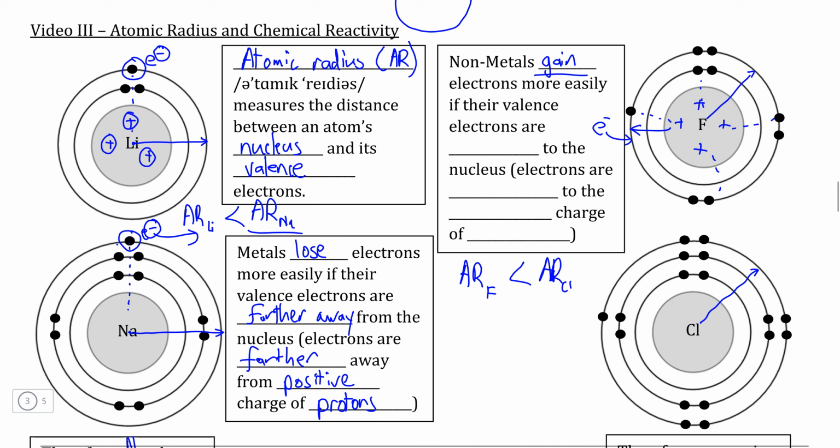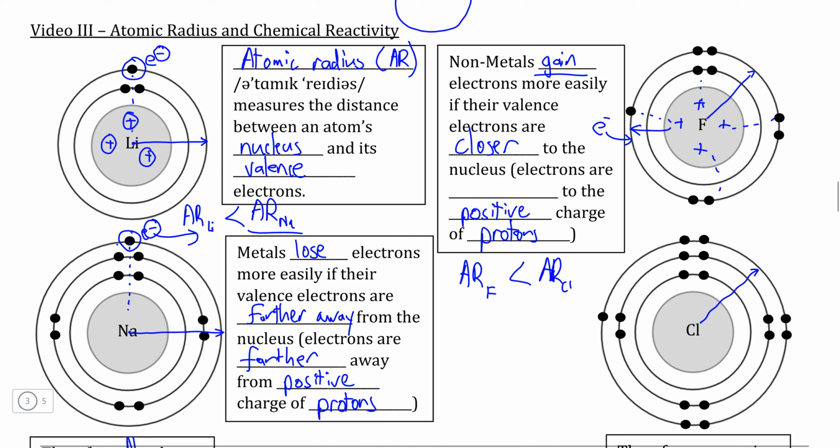And this is of course true with metals as well, but the consequence of this is the opposite in terms of reactivity. So nonmetals can gain electrons more easily if their valence electrons are closer to the nucleus, because of course the most important part of the nucleus in this case are the protons found within the nucleus, because protons are, of course, positively charged.